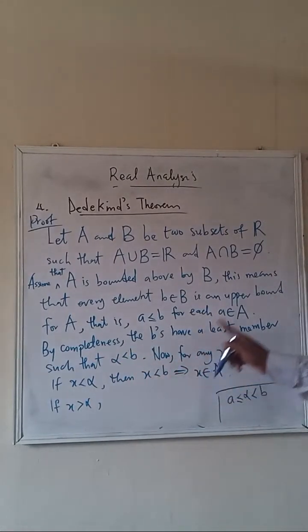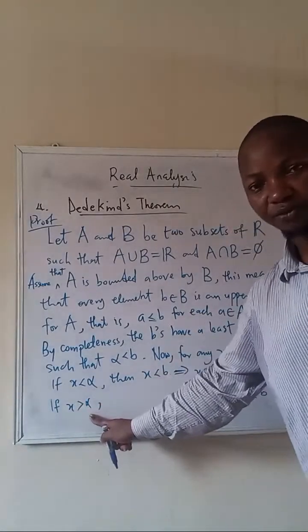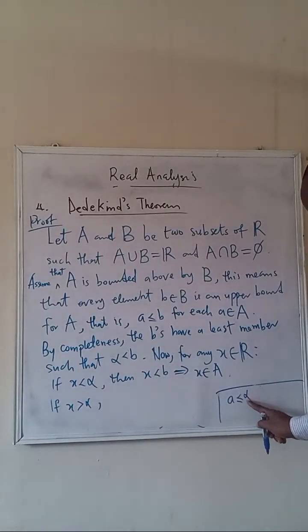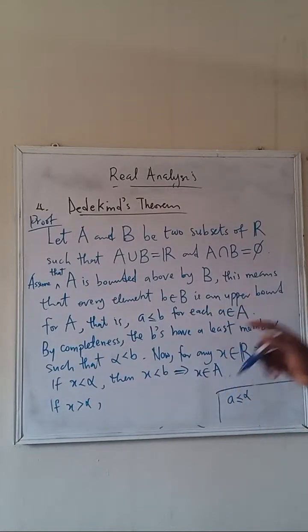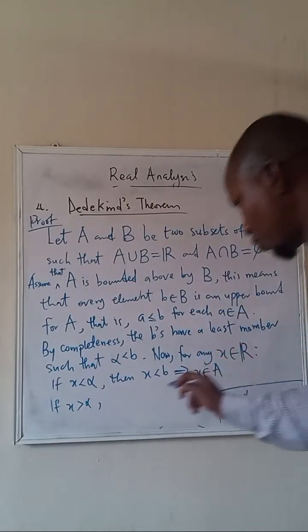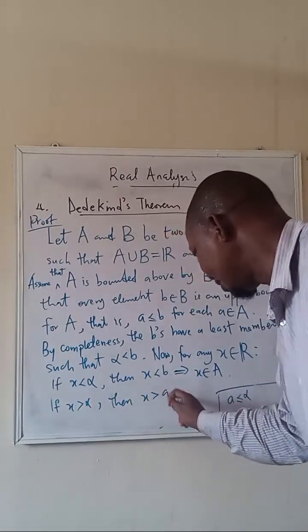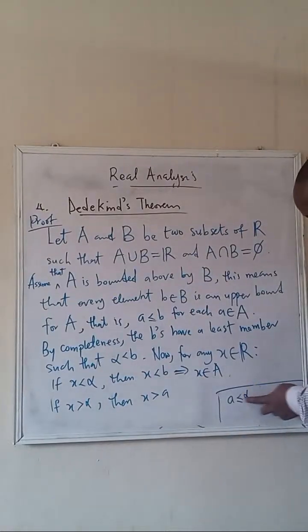Now, if x is greater than alpha, look at this. These are related to alpha, and any number that is greater than alpha must be greater than a, because alpha is greater than or equal to a. So x is greater than a, because this is bigger than this.